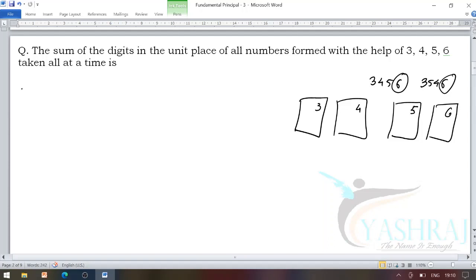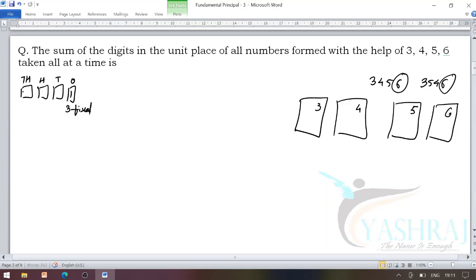That means we have to consider 4 vacant boxes for a 4 digit number taken all at a time. So find how many numbers end with a 3. We have to fix the digit 3 at the ones place. There is only one 3, so we have only one way to fill the ones place of the 4 digit number. Now how many ways are there to fill the tens, hundreds and thousands places?